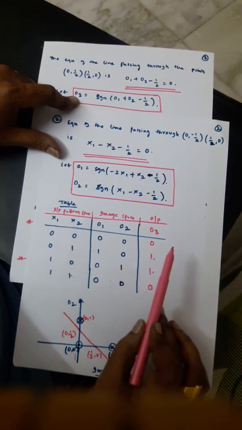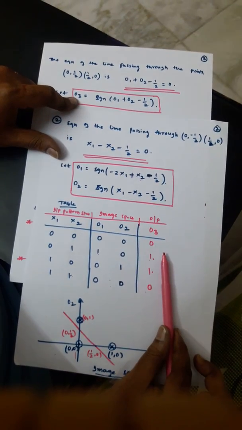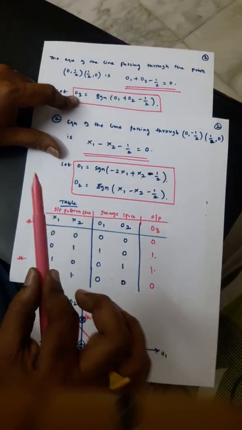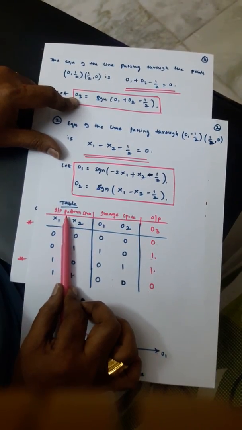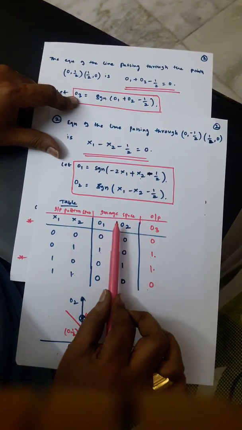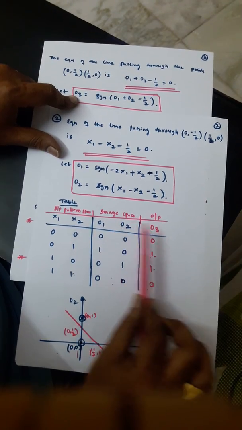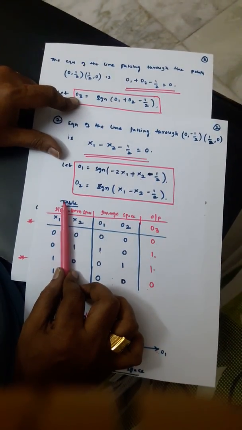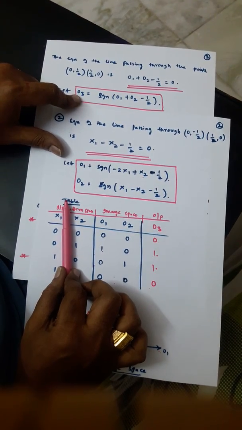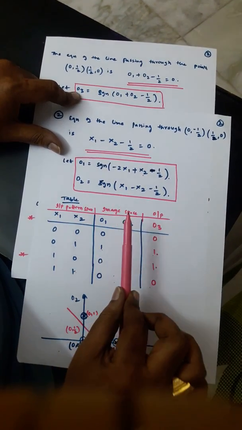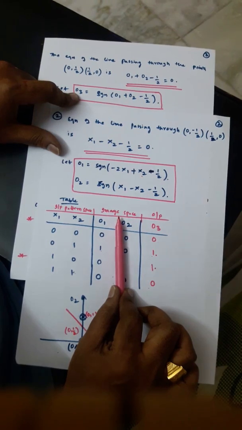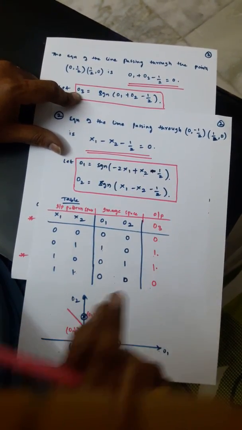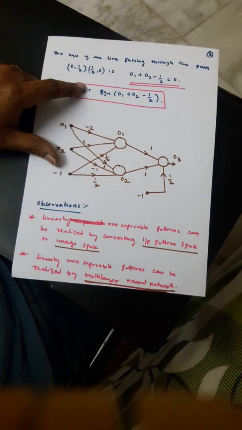To obtain this logic, the realization has been done by converting the given input pattern space into image space, and the output is obtained. That is, from linearly non-separable pattern classification to linearly separable pattern classification. I hope you understood this.